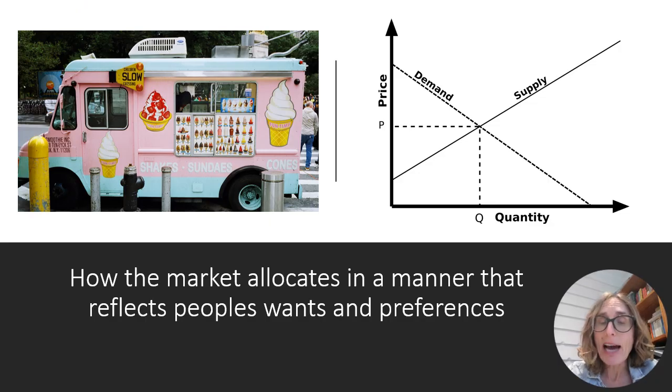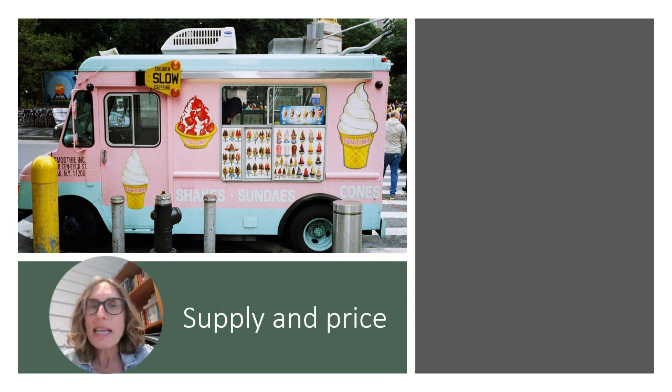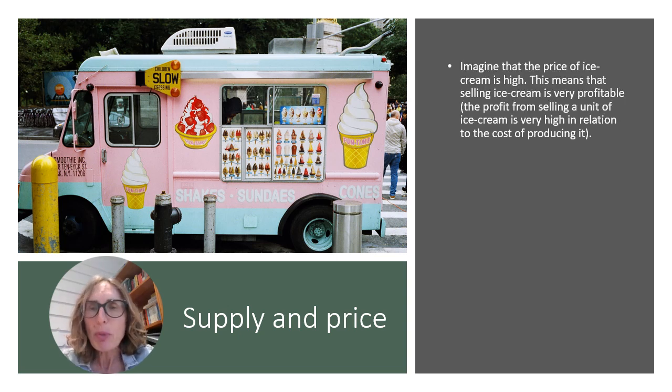Let's look briefly at how the market allocates in a manner that reflects people's wants and preferences, according to the neoclassical economist. Let's discuss the concept of supply. Imagine that the price of ice cream is high. This means that selling ice cream is very profitable. The profit from selling a unit of ice cream is very high in relation to the cost of producing it.